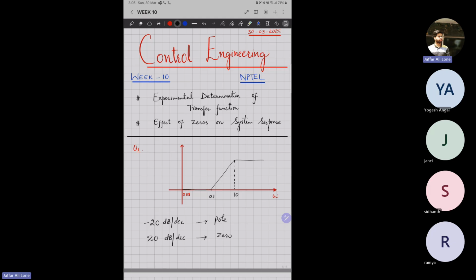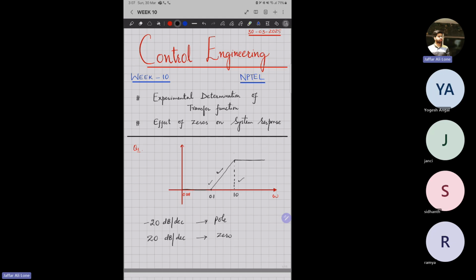So we can clearly see we have two corner frequencies here. One is 0.1 and the other one is 10, right? At 0.1, we have a positive slope. And when we reach 10, then this slope becomes constant.